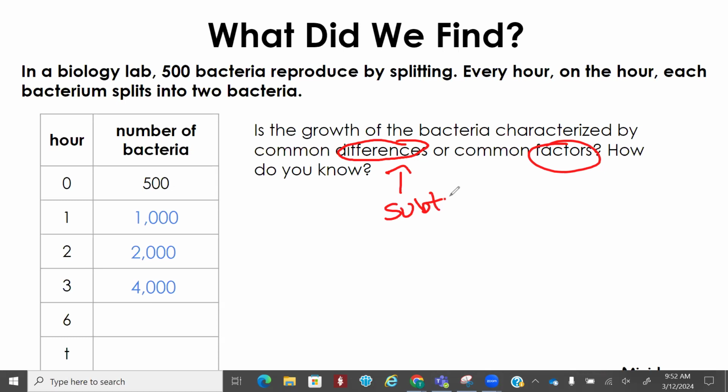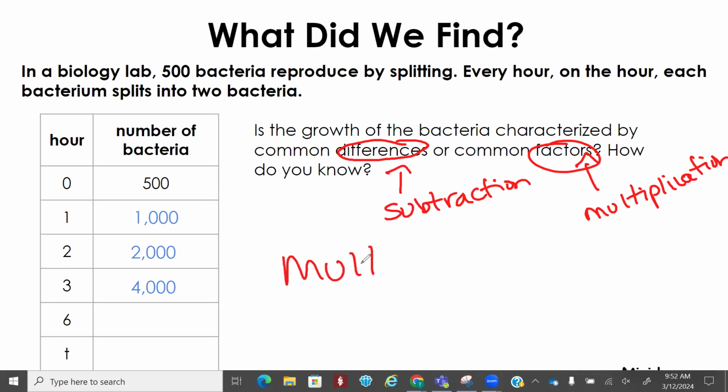And what does the word factor mean in math? If I say find 2 factors of something, multiplication. So are we multiplying or are we subtracting? We're multiplying. So we're multiplying when we're doing all this, right?